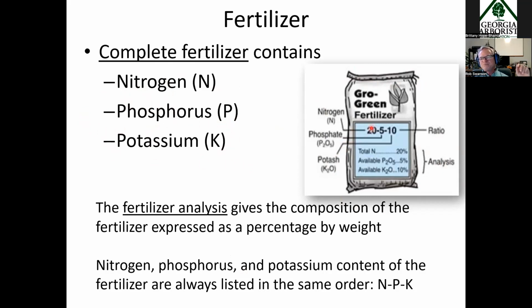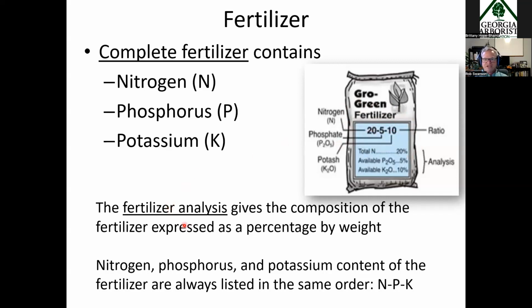So when you look at a bag of fertilizer, it'll always have these three numbers. And remember, 0 can be a number, so you might have 20-0-0, or you might have 0-5-0, or you could have 0-0-10. But you'll always see all three of these represented: N, P, and K.